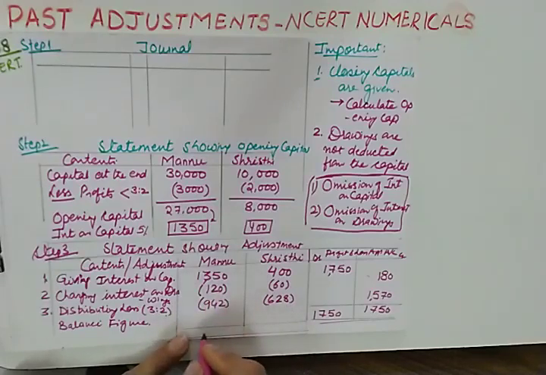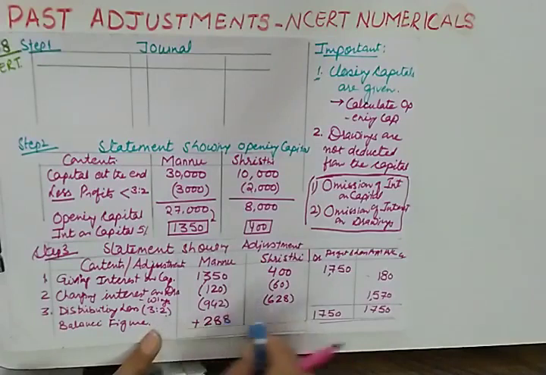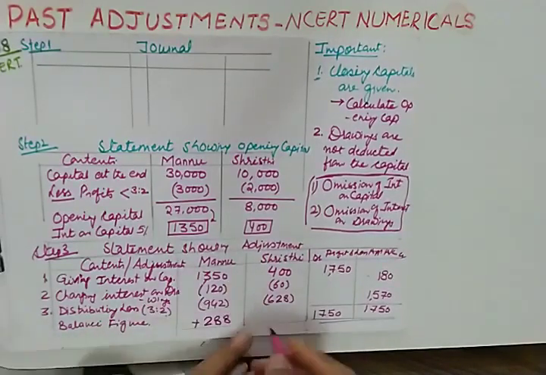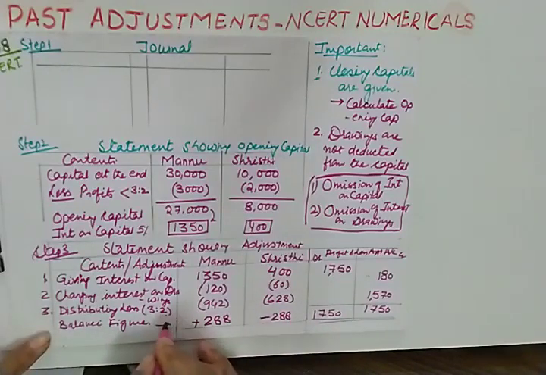So if you deduct from this, you will be able to get 288 as a positive item, and here it will be negative 288, or you can also put bracket. So this is the balancing figure.